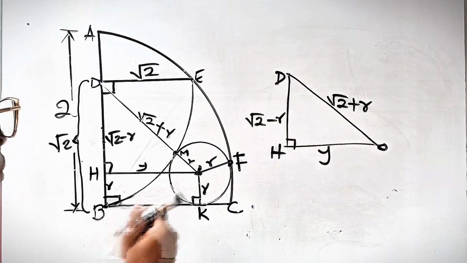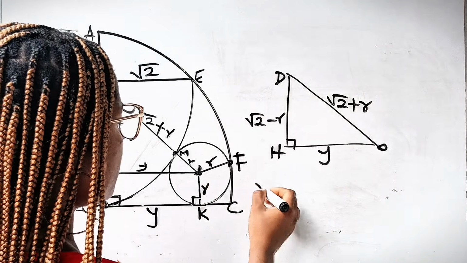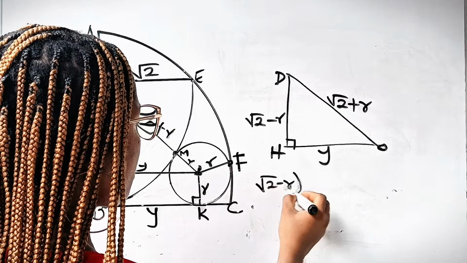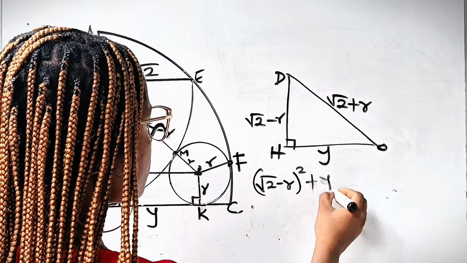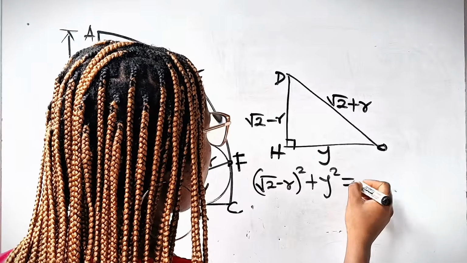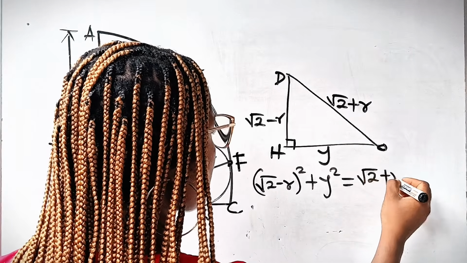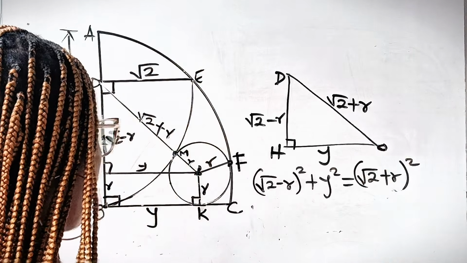Now, using Pythagorean theorem, you can see that root 2 minus R all squared plus Y squared is equal to root 2 plus R squared.